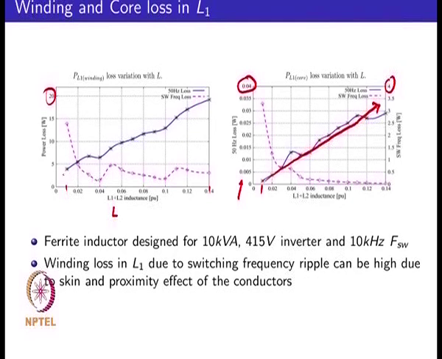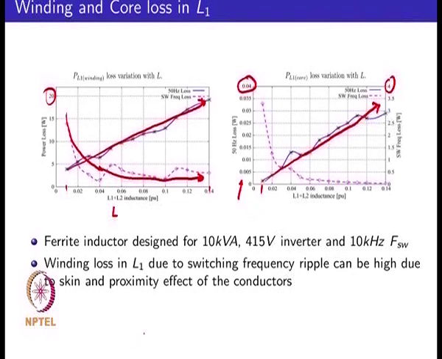If you look at the 50 hertz loss in the winding, it has again an increasing trend, whereas if you look at the switching ripple related loss, you would end up with a decreasing trend as you are increasing the value of L. So the overall trend for the losses would be to select a value which tends to give you the lowest losses, which would lie in this range. Okay.